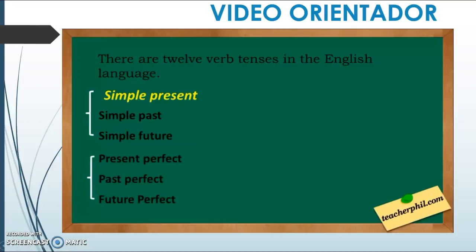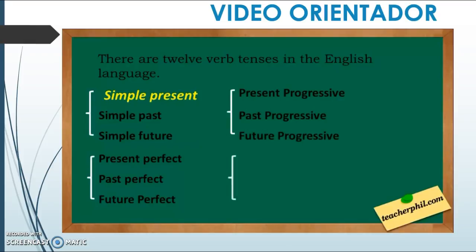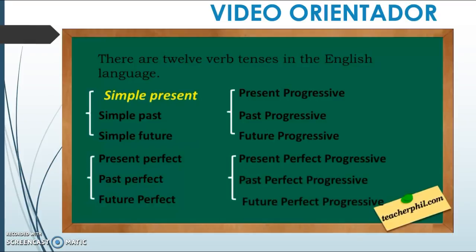For the progressive or continuous tenses, we have the present progressive, past progressive, and future progressive. And lastly, for the perfect progressive tenses, we have the present perfect progressive, past perfect progressive, and future perfect progressive. This lesson will talk about simple present tense.